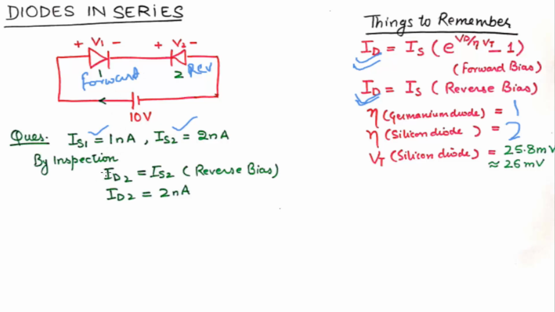So we know that by inspection the diode current 2 will be equivalent to the saturation current of this diode because it is connected in reverse bias, and it becomes super easy to find out the diode current through diode 2 because it is simply the saturation current which was given here.